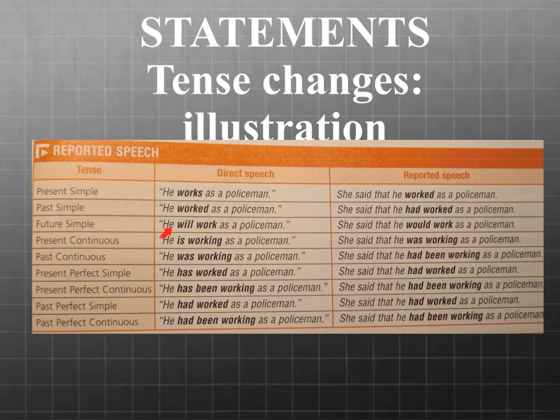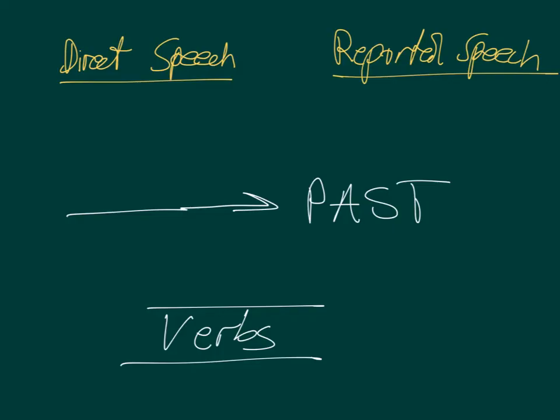On the other hand, if in the direct speech you have will, it becomes would in the reported speech. So we can say that in the verbs, from the direct speech to the reported speech, we can move one step forward to the past.